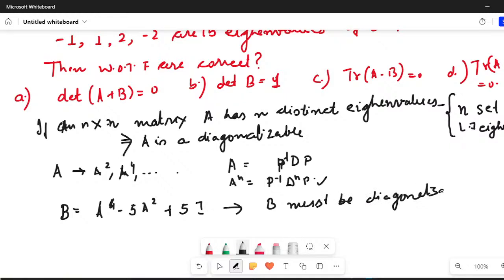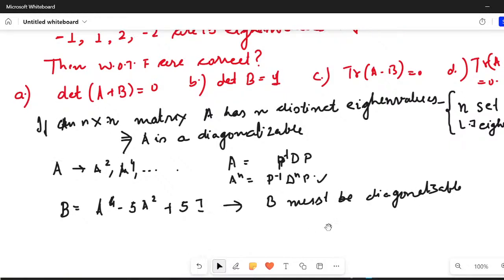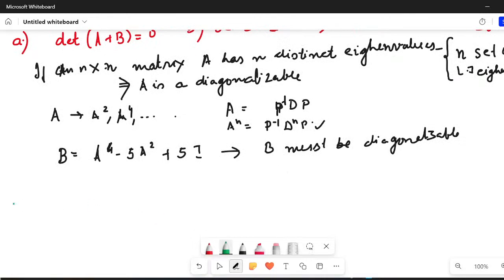Now there is an important result that you should remember.